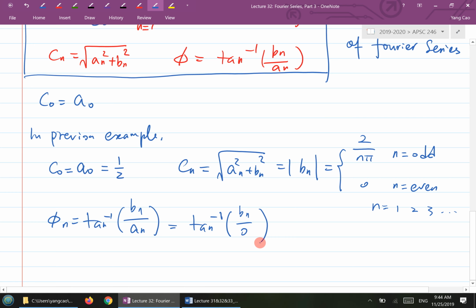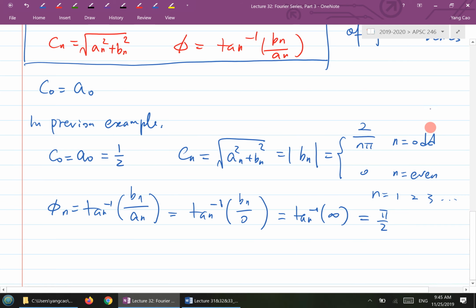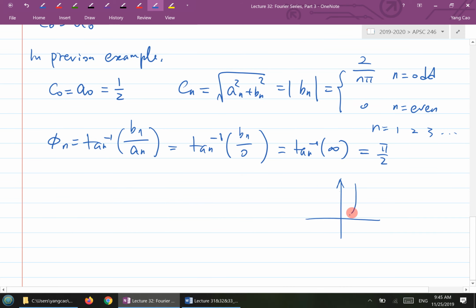Essentially you're calculating the inverse tan of infinity, and inverse tan of infinity is equal to pi over 2. So 90 degrees. The tan of the angle is infinite when it's pi over 2. So phi here is a constant angle, pi over 2.